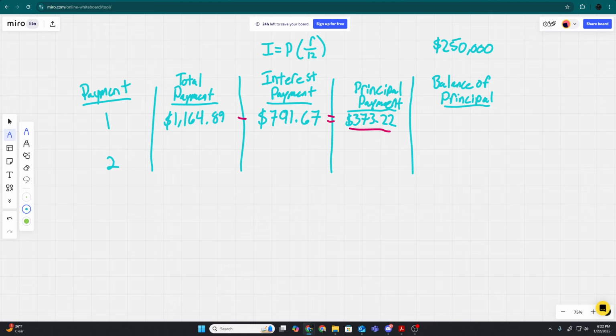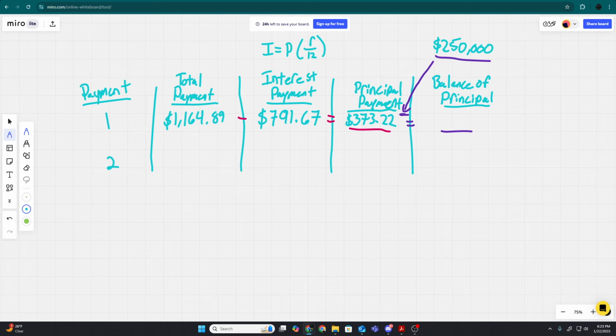And what's going to happen next, let's do purple, is we got to figure out our remaining balance. So we're going to take our previous balance, go here to the principal portion, and subtract that. And then that answer is going to be popping up over here. Okay?